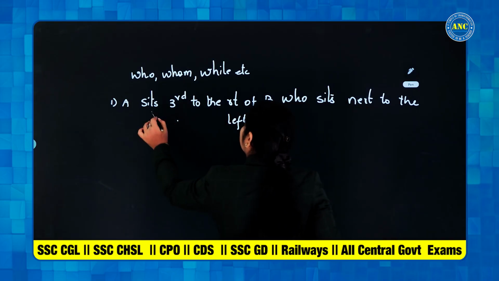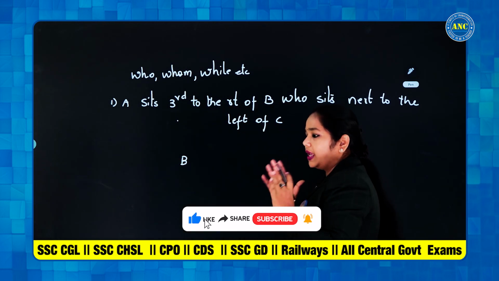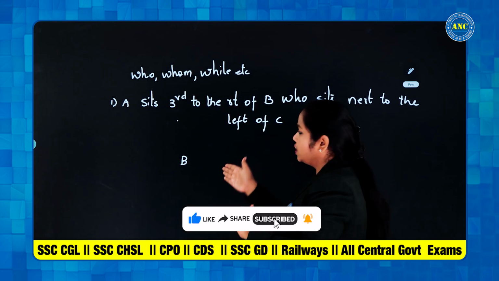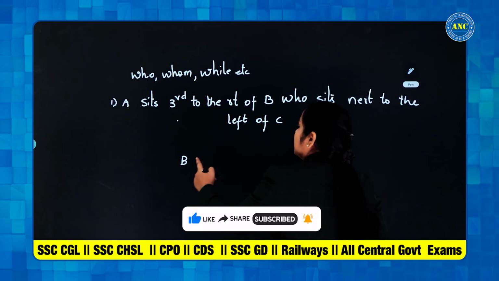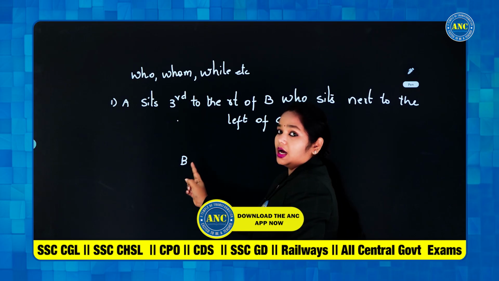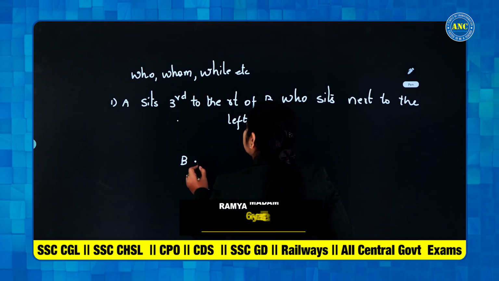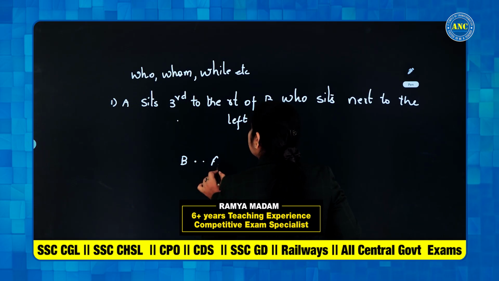A is sitting third to the right of B. If you take B here, we'll imagine that everyone is facing the north direction. A is sitting third to the right of B. Which direction is right side for B? This direction. So, A is sitting first, second, third. So, A is sitting here.